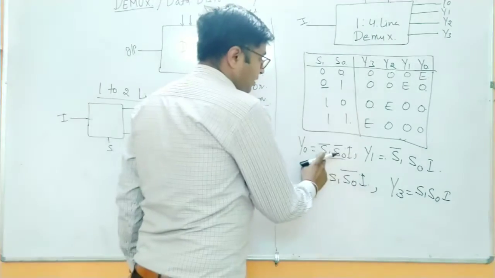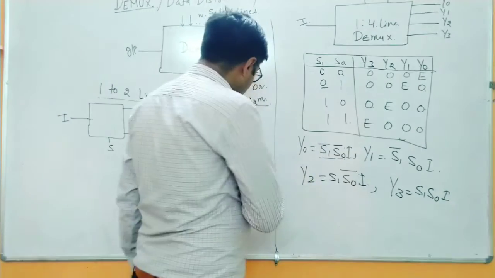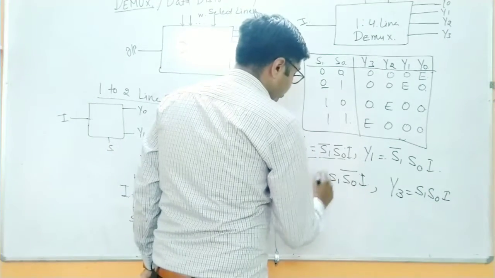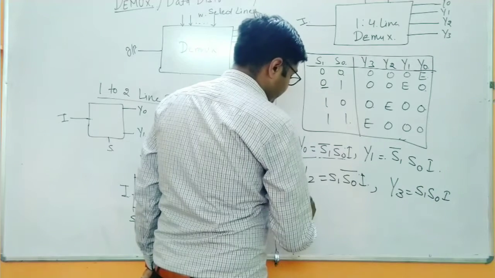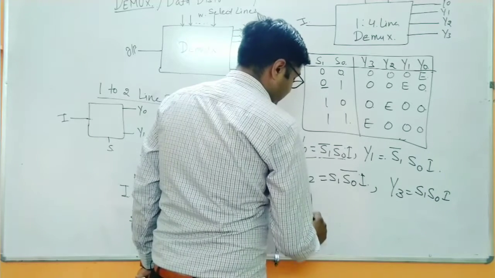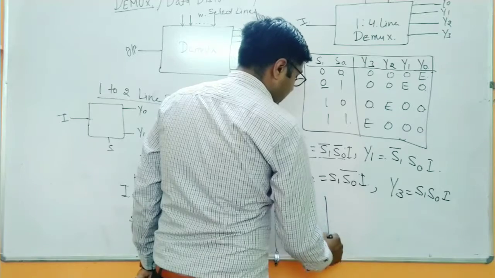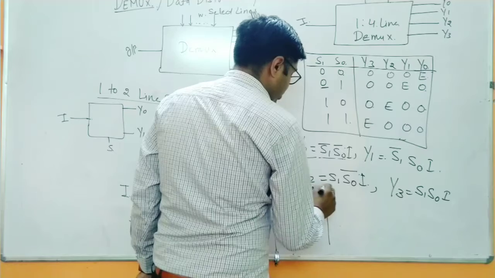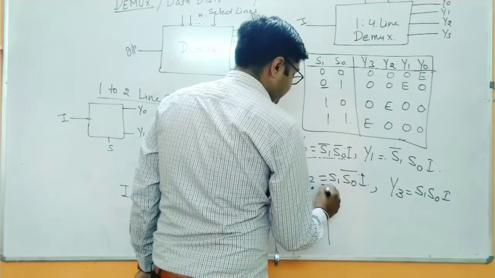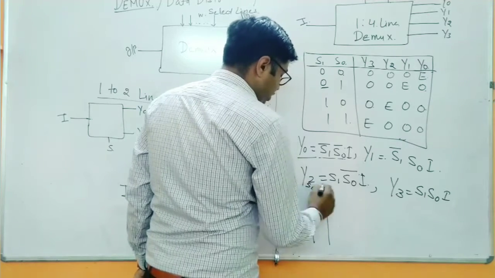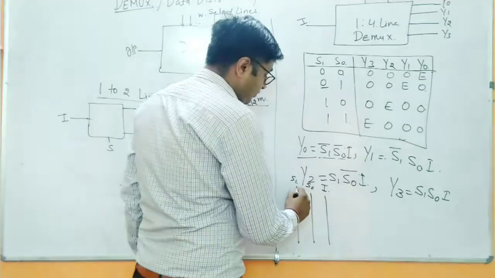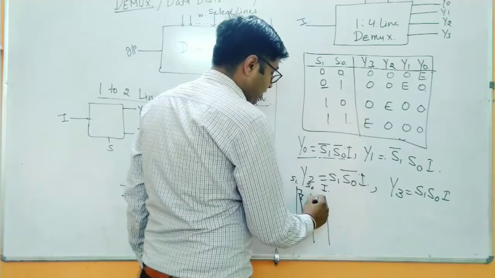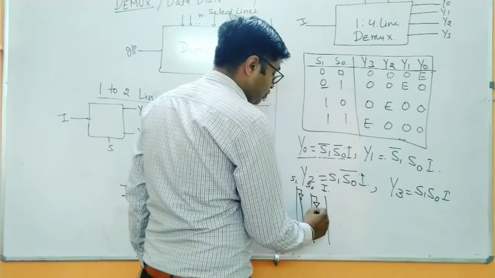Now to show it, you just need to use this kind of circuit, but here 3 inputs are provided and outputs are 4. So it will be like this. To show this, here it is S1, S0 and I. Now if you talk about S1, we need inverted to, here we need inverted to.